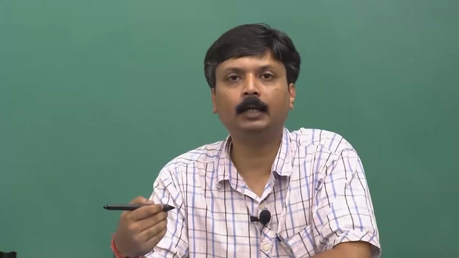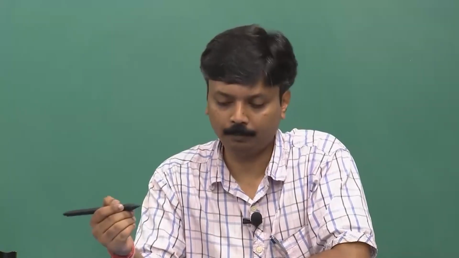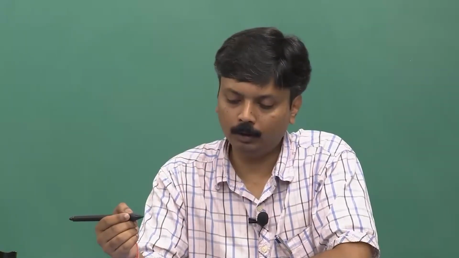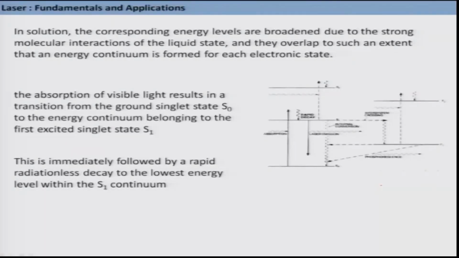So what happens in case of the excitation of a dye solution? Visible light will take the dye molecule from the ground state S0 to the singlet excited state S1, and from this S1 there will be rapid decay to the lowest vibrational level of S1.